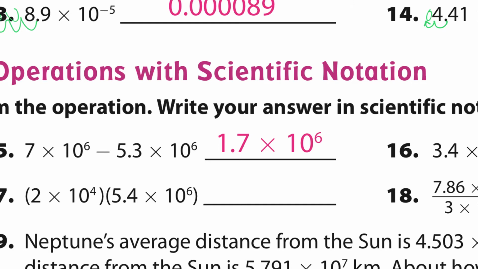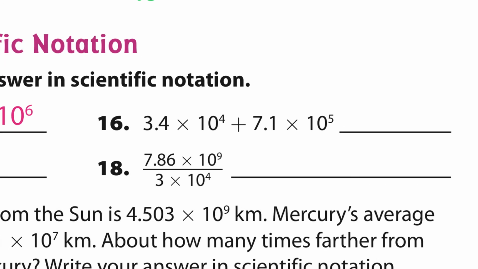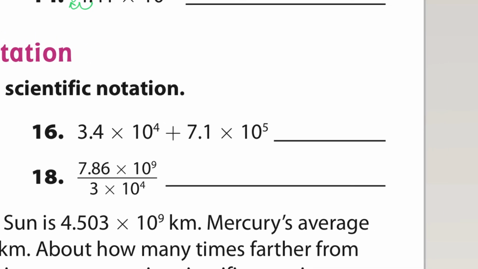Great. Okay. So we have this one, 3.3. We're going to add these. So this is going to take a little bit more work here. So let's go here. Take it over here. And let's move this to the top. So the exponents need to be the same.